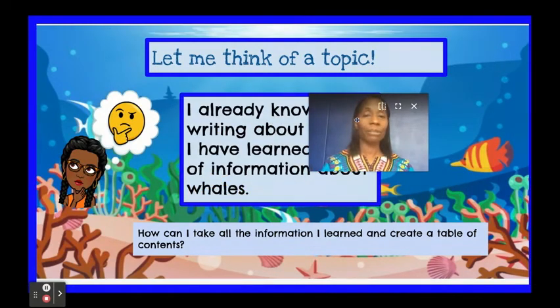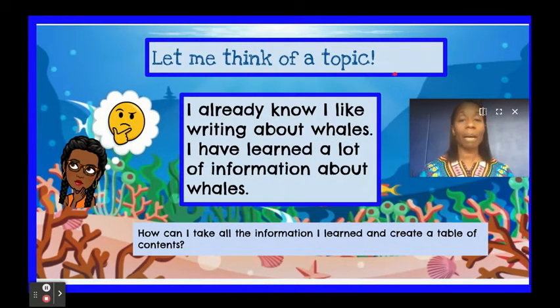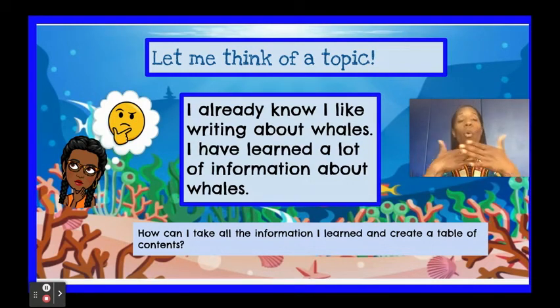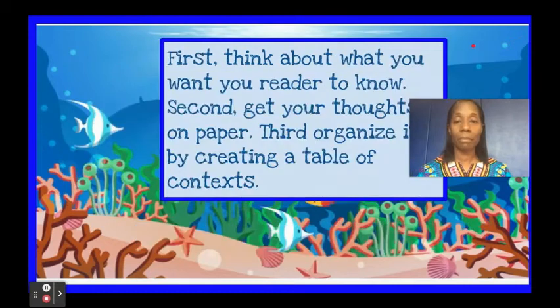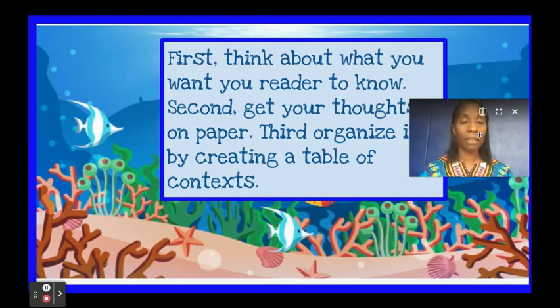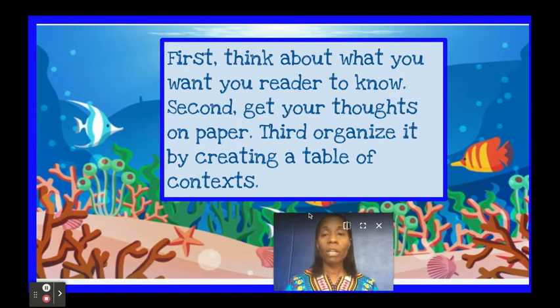Now, scholars, let me think of a topic. I already know I like writing about whales. I have learned a lot of information about whales. So Miss Holloman is going to write whales. The question is, how can I take all the information I learned and create a table of contents? Well, first, think about what you want your reader to know.